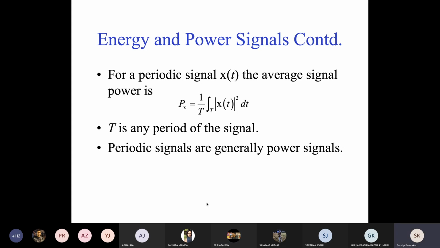Anybody else has done it? Nobody else has done it. Sir, I did it, but I'm getting a different answer. What is the integration of sine square pi t over T?